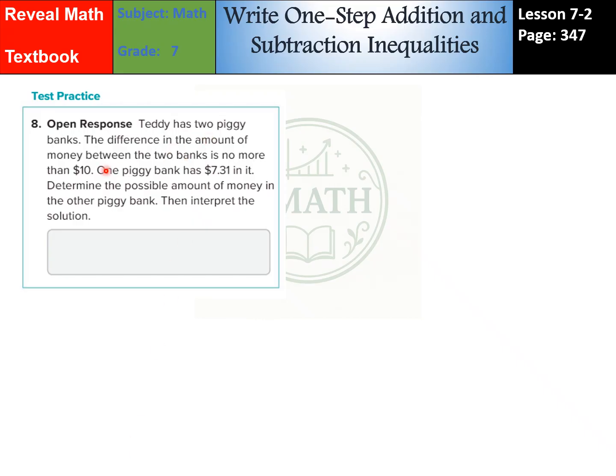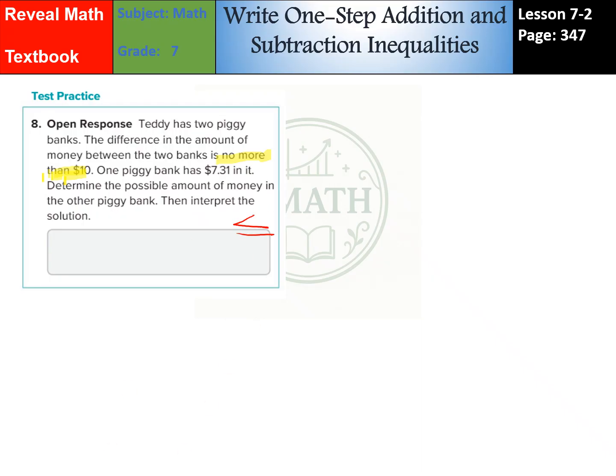TD has two banks. The difference in the amount of money between the two banks is no more than $10. No more than means less than or equal to. It could not be greater than 10. So which inequality are you going to use? Less than or equal to.